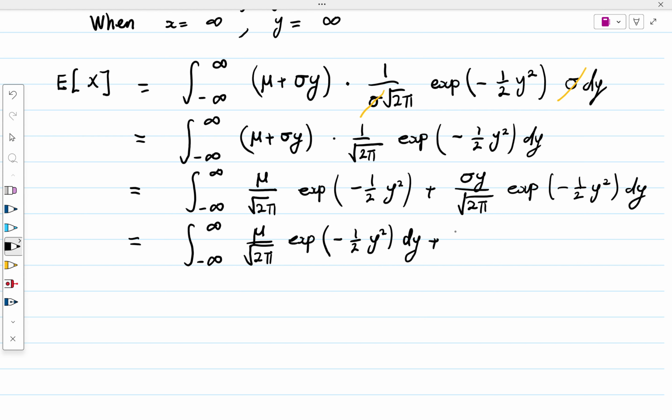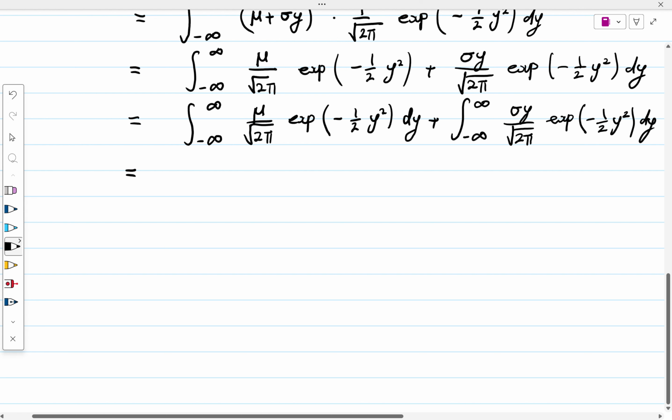And then, of course, we're still integrating with respect to y, the sum of negative infinity to infinity of sigma y on square root 2 pi exp of negative a half y squared dy. So far, so good.